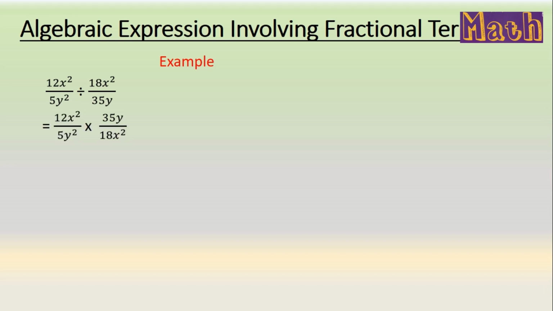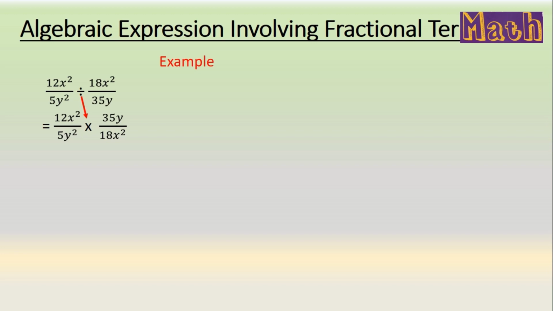So when a fraction has division attached to it, I apply the reciprocal. The 35 is called the denominator and the 18 is called the numerator. The 35y will move up and 18x squared will move down.